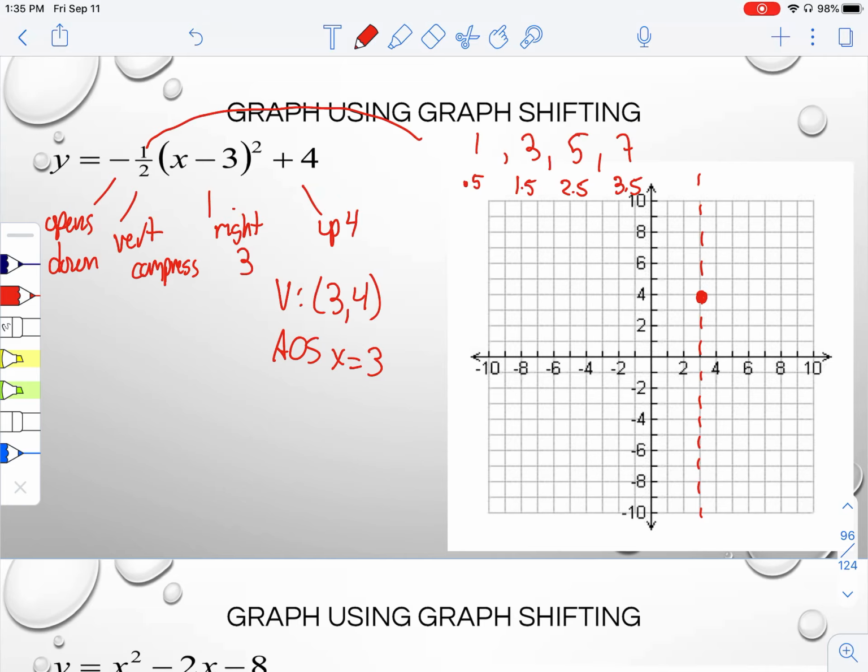So we're going to go left and right each 1 unit, but down a half a unit. And then as we go out again 1 unit, we're going to go down 1.5 units. And from there, go out and down 2.5 units. And then finally 3.5.